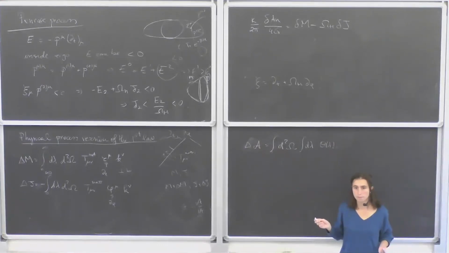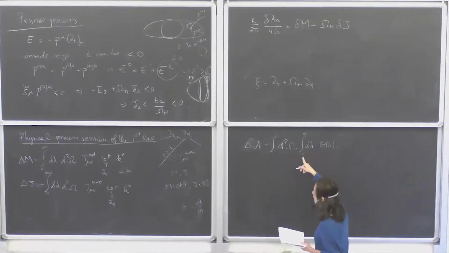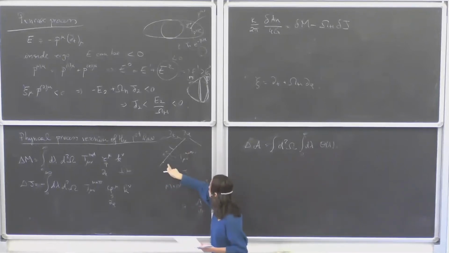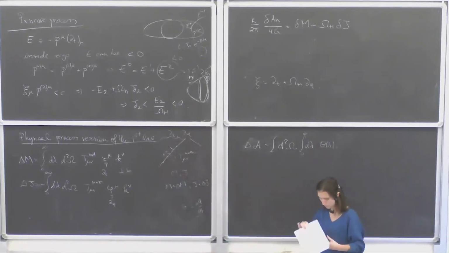This basically comes from this definition over here, and I'm integrating it from 0 to infinity. But actually, I'm assuming this process starts at some initial lambda and ends at some finite lambda, so it's not going to be stretched over the entire range of lambdas.